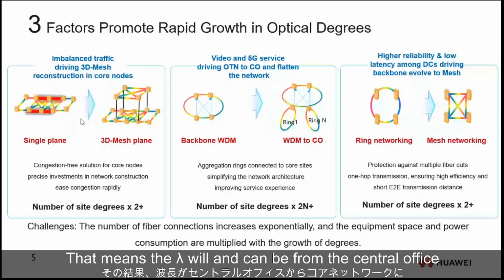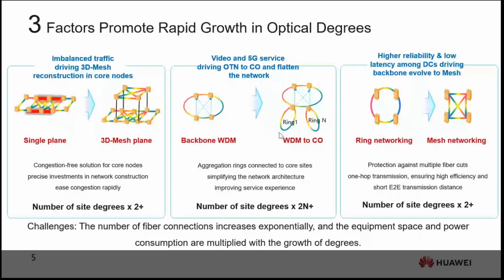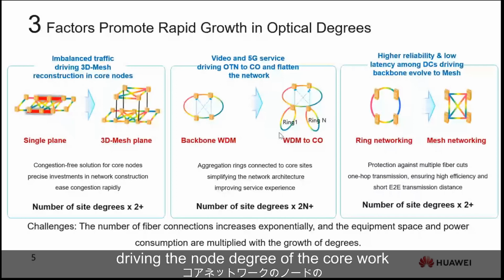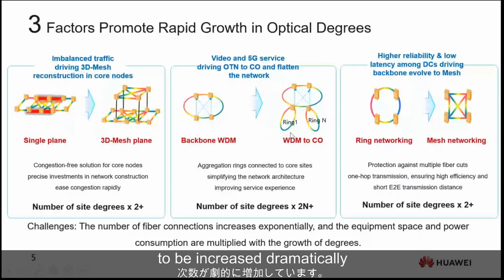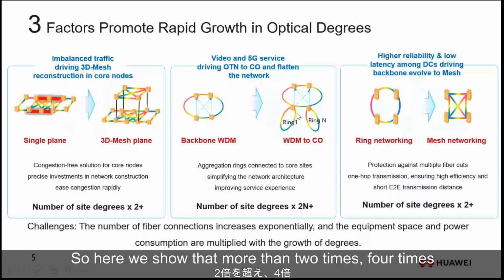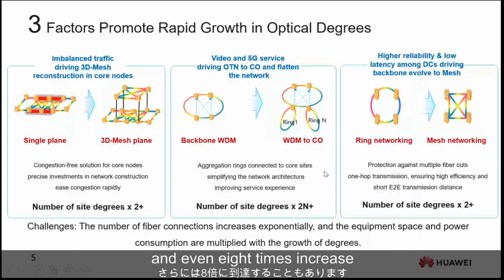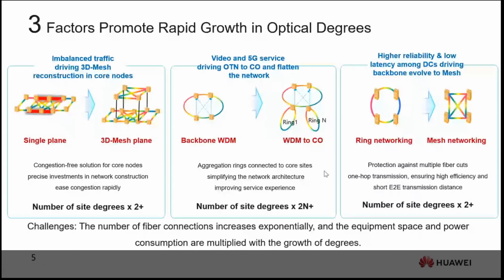So the lambda can go from the central office directly to the core network, driving the node degree of the core network to increase dramatically. We show more than 2 times, 4 times, and even 8 times increase.